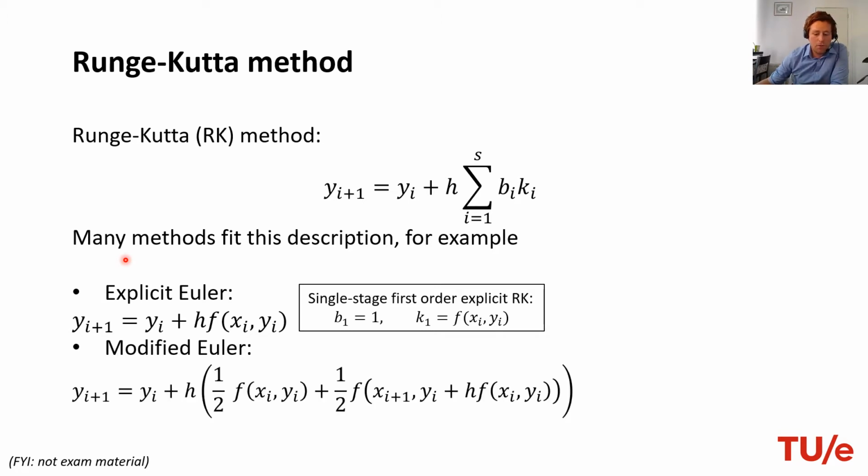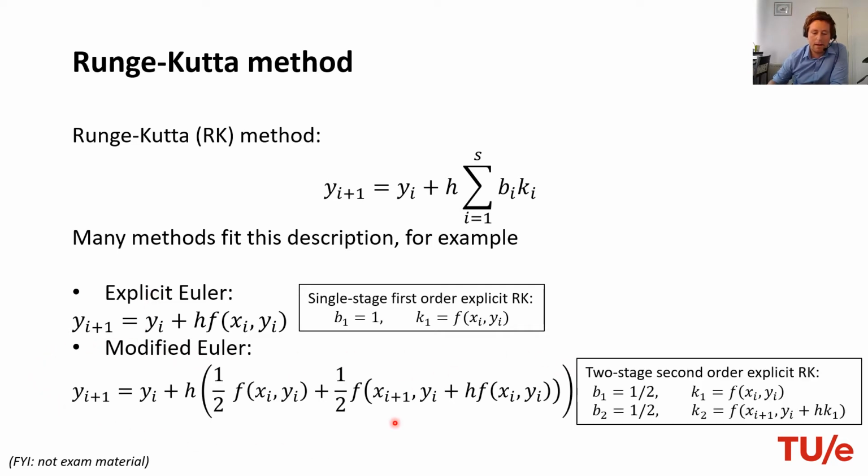But also, for example, modified Euler, which can compactly be written as follows. That is a two-stage and second order explicit Runge-Kutta method, where the coefficients B1 and B2 are both equal to 1/2. The first slope K1 is f evaluated at xi and yi, similar to explicit Euler.